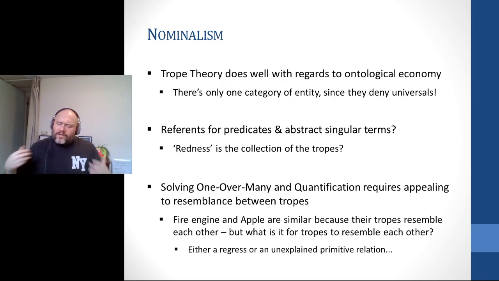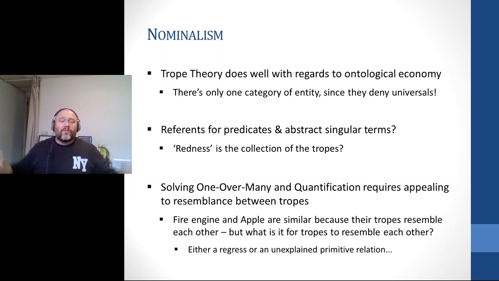So trope theory does remarkably well with regards to ontological economy. It posits only one category of entity, namely objects. So that's really nice. It helps quite a bit. It also seems to be able to provide something like a reference for predicates in abstract singular terms.